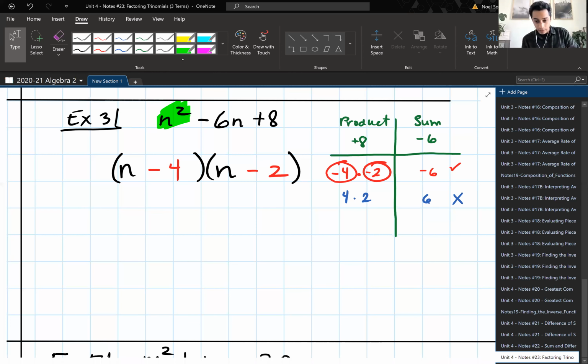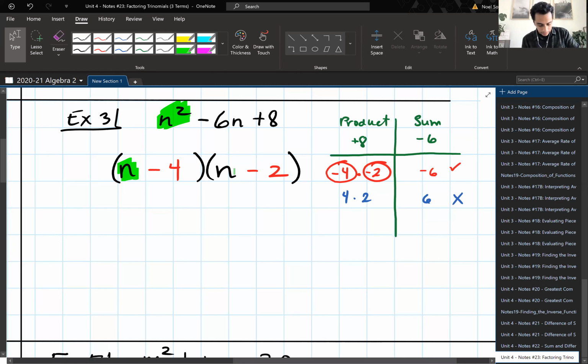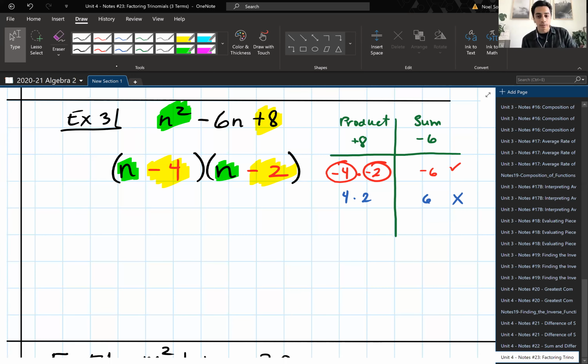Okay, so we test real quick. N times n is n squared. Easy. Negative 4 times negative 2, positive 8. Now we do double happy face. We want to check that these two terms will add up to be negative 6n.